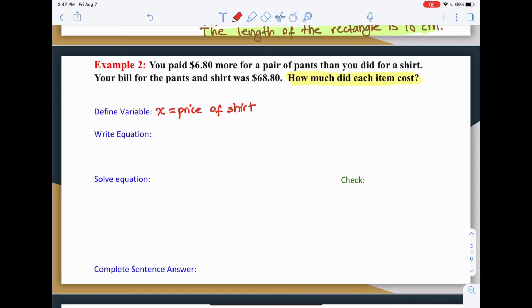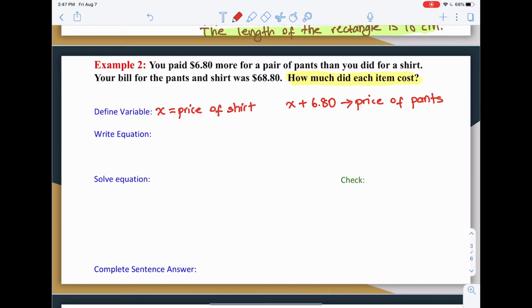And then we are going to reread the question and find other information that I need to write the equation. So I see that the price for the shirt is x, then the price for the pants would be $6.80 more. Then we will call x plus 6.80 the price for the pants.